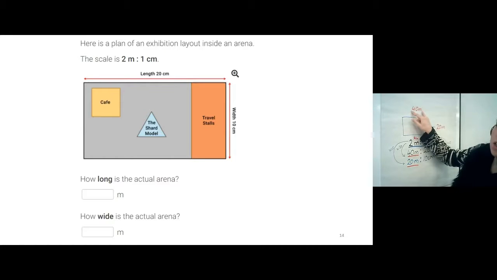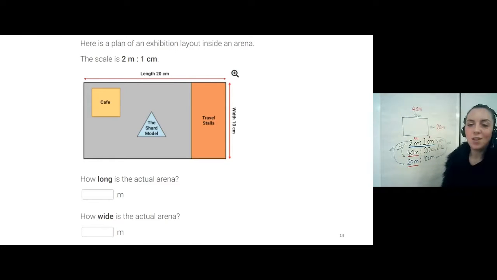So as long as you've got the same sort of scale in your real life measurements, so your width is half of your length, then you should be pretty much correct. So we should have a length of 40 and a width of 20 metres, sorry, in real life. Is everybody okay? Any questions at all?